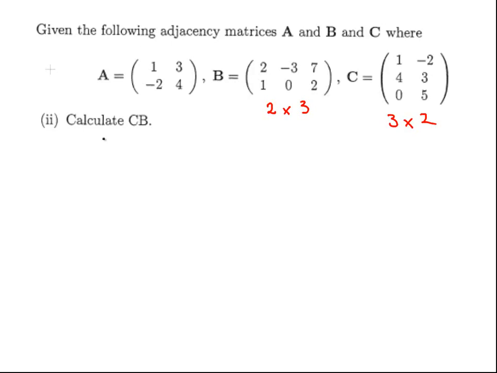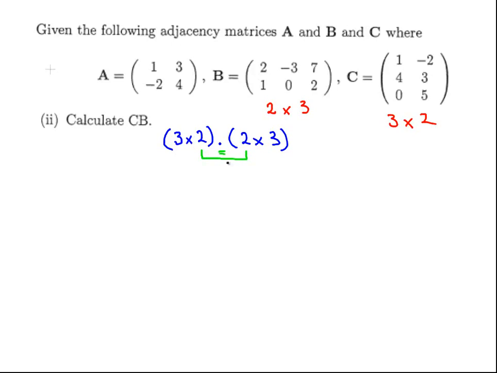First off, we have to double check: is such a calculation possible? So 3 by 2 times 2 by 3 is what we're looking at here. We have to determine whether the number of columns of the first matrix is equal to the number of rows of the second matrix.